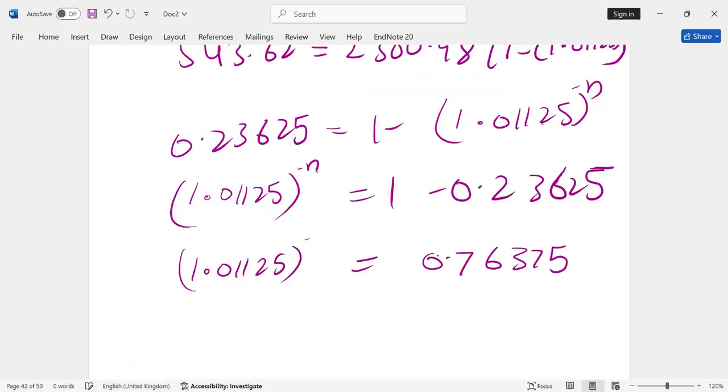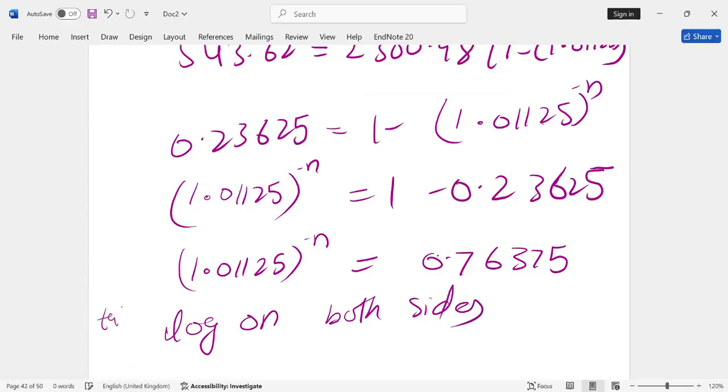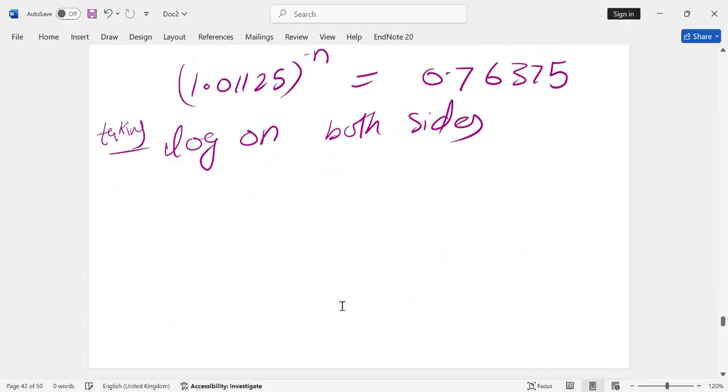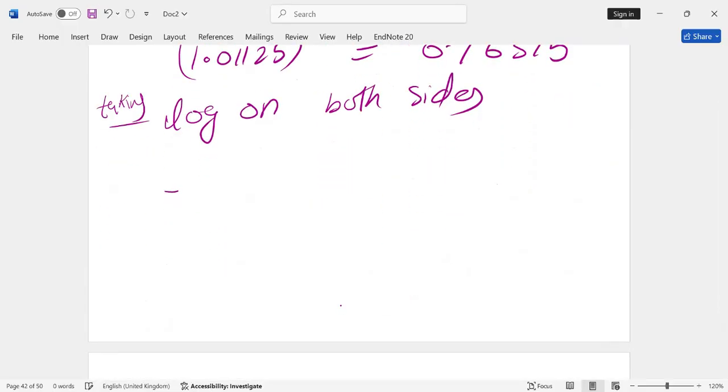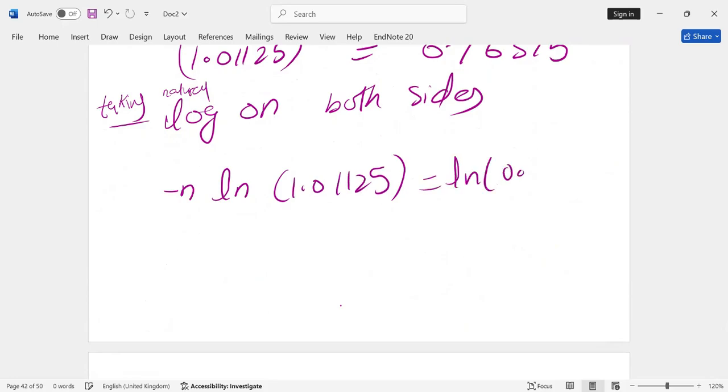This is 1.01125 power minus n. Taking log on both sides, we have minus n natural log of 1.01125 equals natural log of 0.76375.